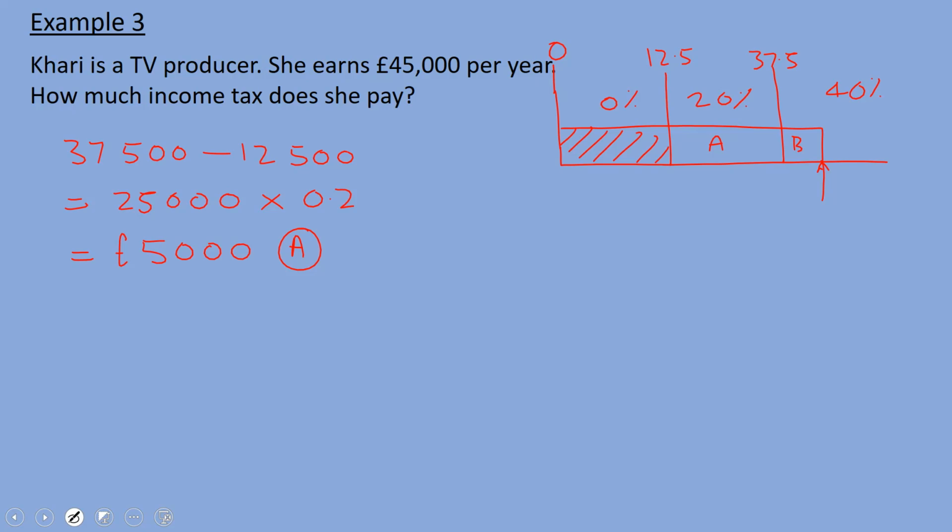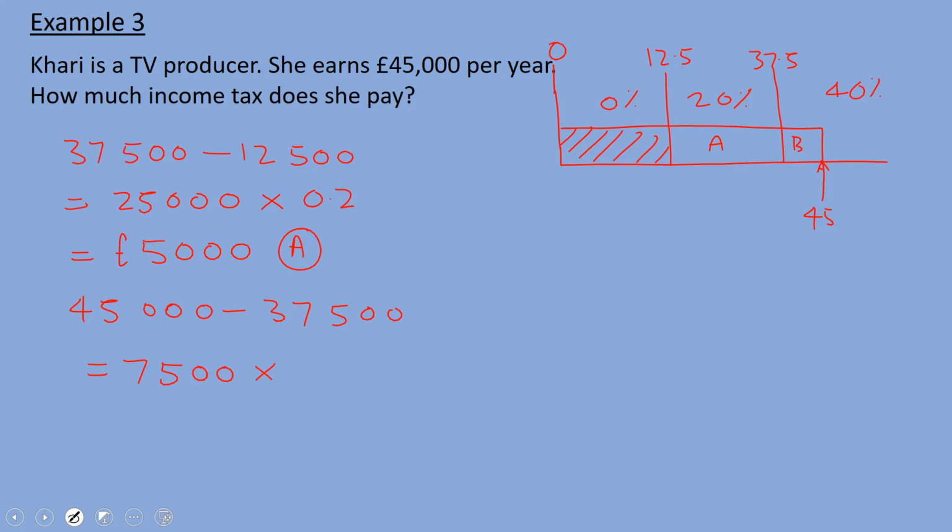So let's look at section B now. We've got £45,000 take away £37,500, which gives us £7,500. So we're going to use our decimal multiplier again.